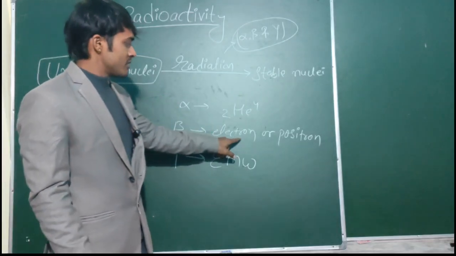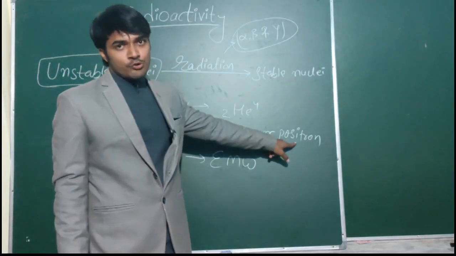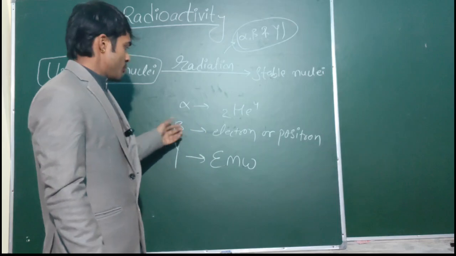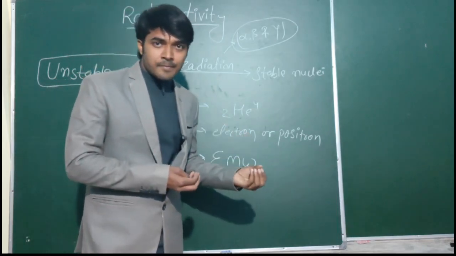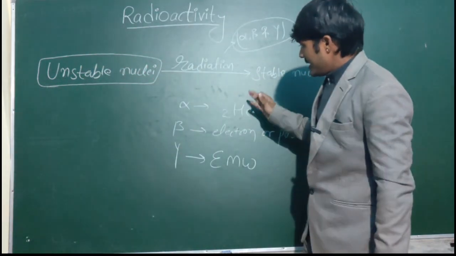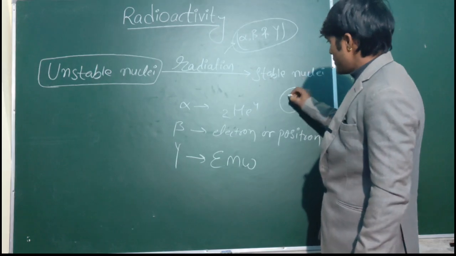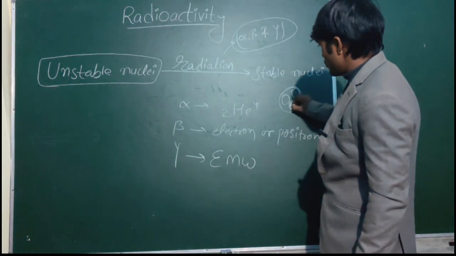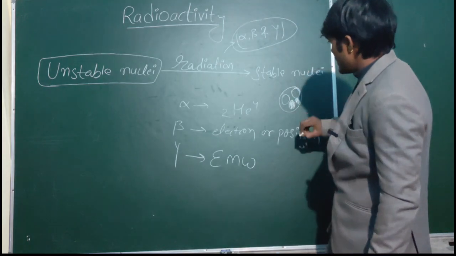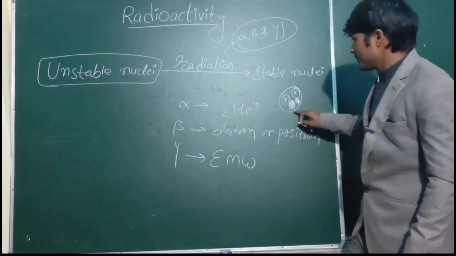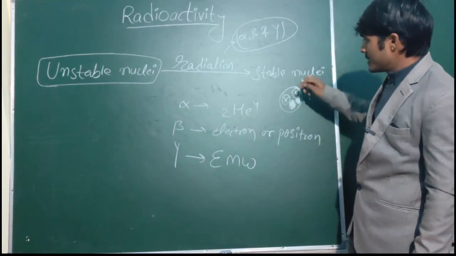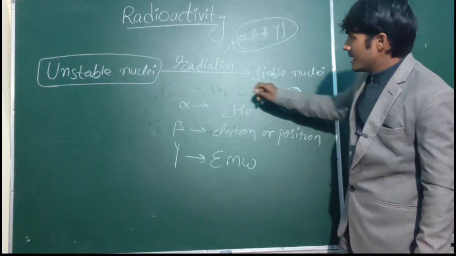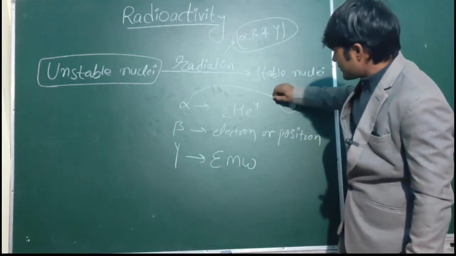The electron or positron, electron or anti-electron particles, possess a negative or positive charge. And the helium nucleus is itself a nucleus possessing two positive charges and two chargeless particles, that is, neutrons. These two protons and two neutrons, that is the nucleus of helium, all together are said to be an alpha particle.